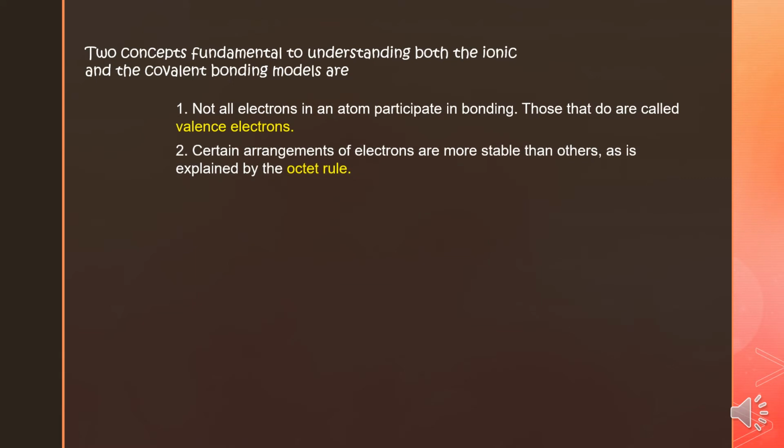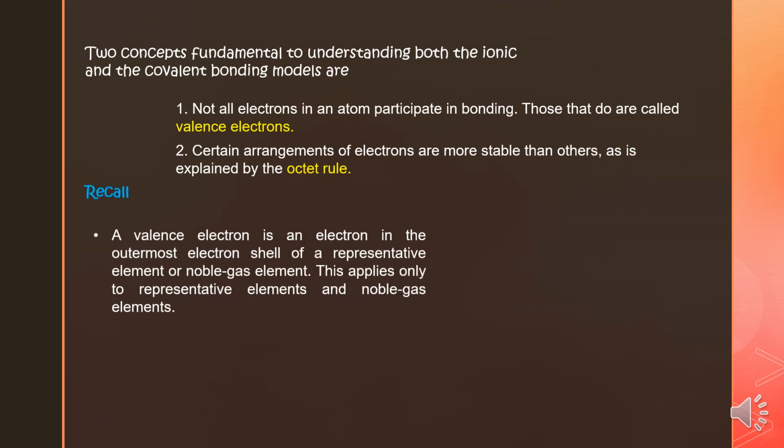Another is that certain arrangements of the electrons are more stable than others, as is explained by the octet rule. So please recall that a valence electron is an electron in the outermost electron shell of a representative element or a noble gas element.